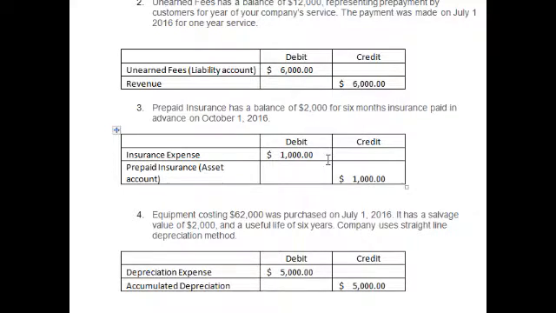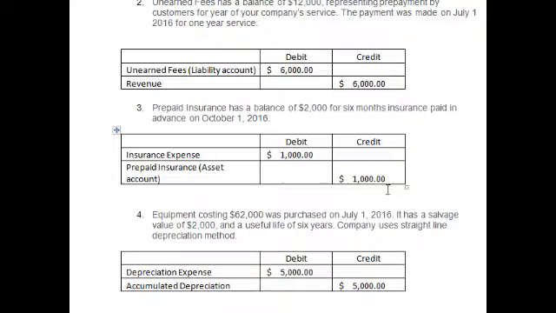So we will recognize 1,000 out of 2,000, because of the $2,000 of 6 months insurance advance payment, only $1,000 has expired, meaning we used it up, meaning that 3 months has passed. So as of December 31st, we're going to recognize insurance expense of $1,000, representing 3 months of insurance expense.